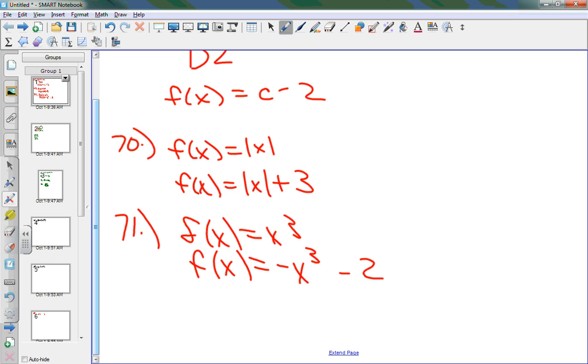I screwed it up. I did plus 9. Well, the scale is going by ones, and the scale is from -6 to 6 on the x-axis and on the y-axis.